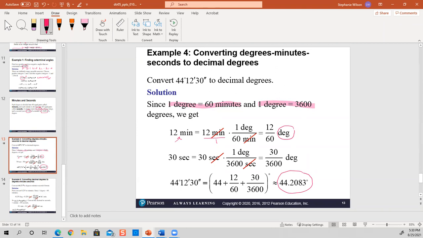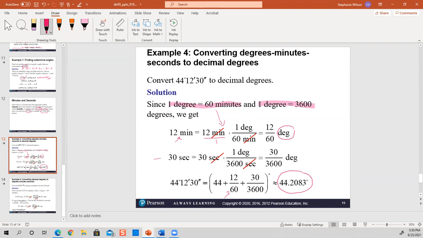We use this one because it's compatible with the minutes; it converts back and forth. So I have 12 divided by 60, multiplied by 1, which simplifies to 12/60, but we didn't reduce it down. We need to convert this to a decimal, but we wait and do it here, which makes it a lot easier, because if you do it before, the decimal could be so yucky.